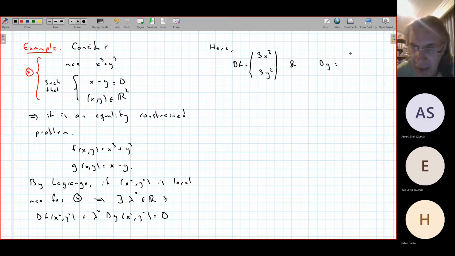The derivative of g is 1 comma negative 1, right? So we substitute into 1.